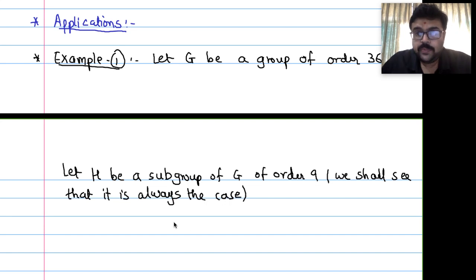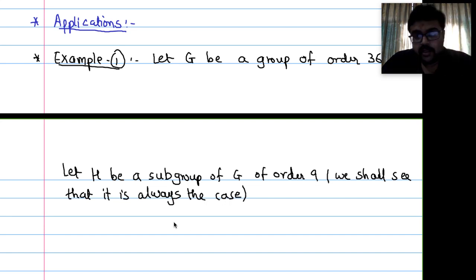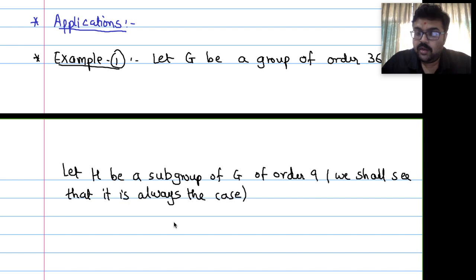This means that a group of order 36 will always have a subgroup of order 9. Any group of order 36, abelian or non-abelian, will always have a subgroup of order 9. So that is always the case. So then what is the index of H?